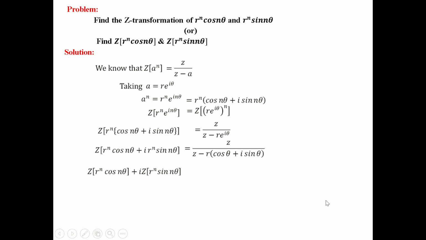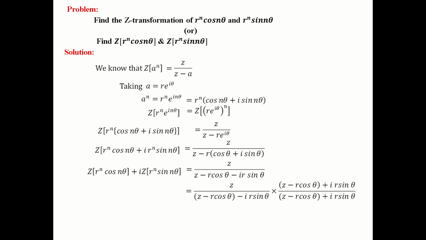Now we are separating the z transformation on the left hand side: z of r power n cos n theta plus i z of r power n sin n theta is equal to z by the denominator, multiplying with r, with minus r cos theta minus i r sin theta.